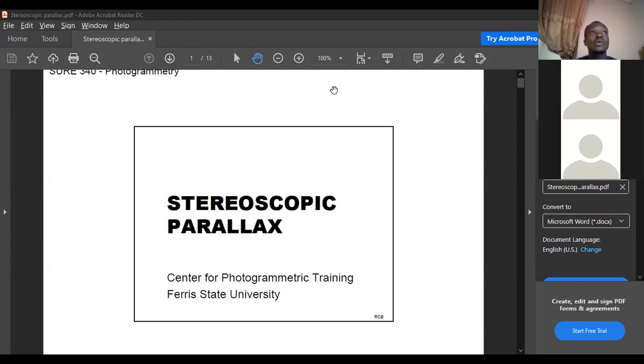So for an object on the ground, it is seen twice. How is it seen twice? At the exposure station on the left-hand side, we see the object. And at exposure station 2 on the right-hand side, we also see the object. So we have seen it twice.